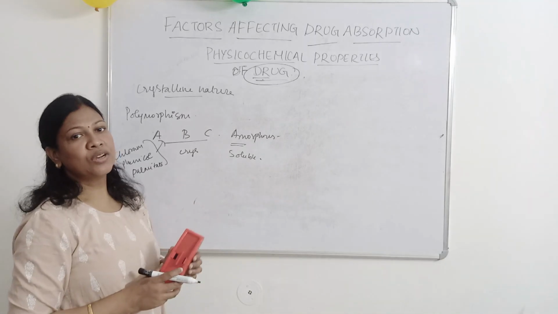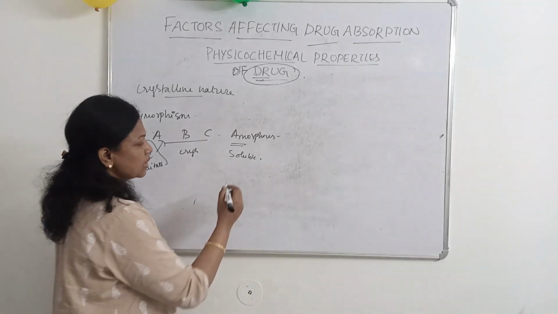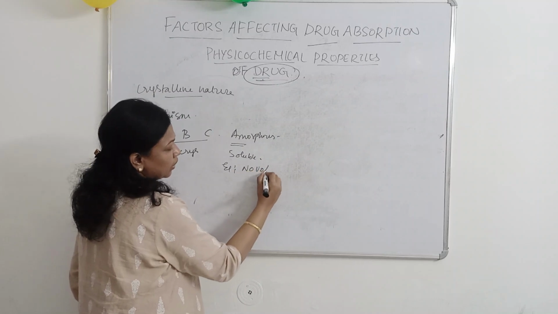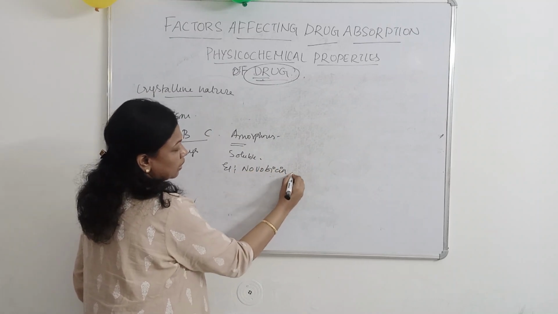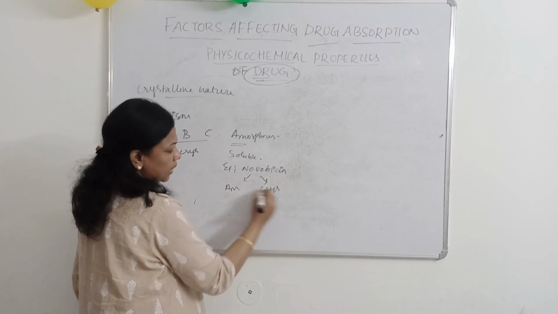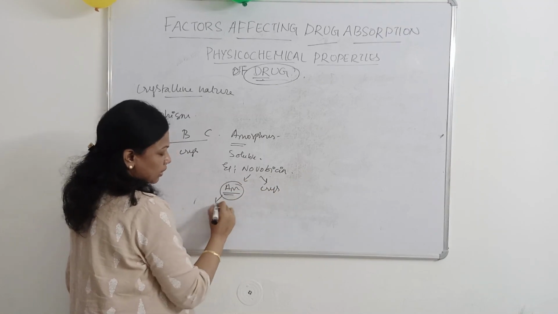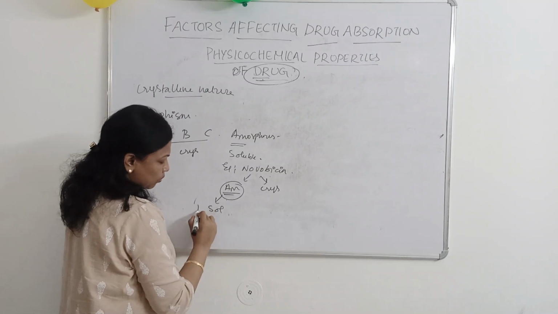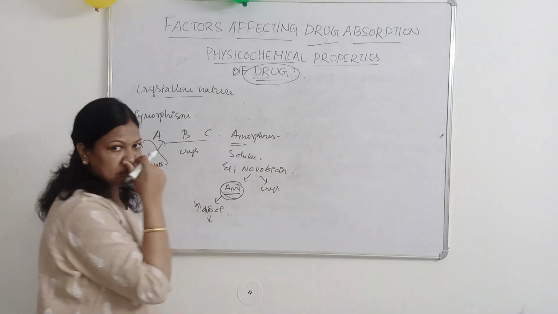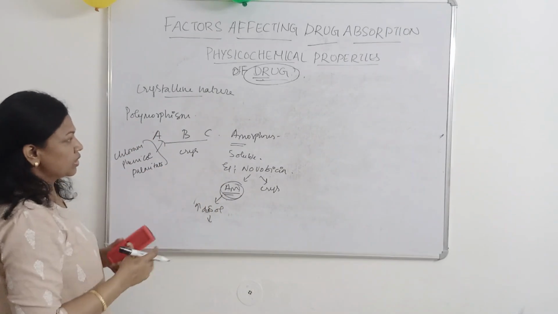Amorphous form will have more solubility than crystalline forms. Example, novobiocin. The antibiotic novobiocin exists in amorphous as well as crystalline form, and the amorphous form of novobiocin has more dissolution, and hence this is used in the marketed formulation.